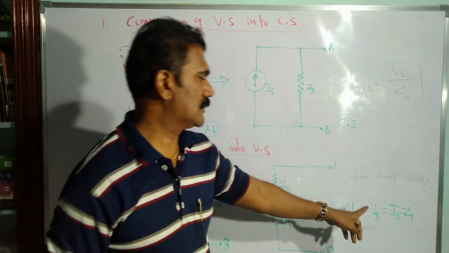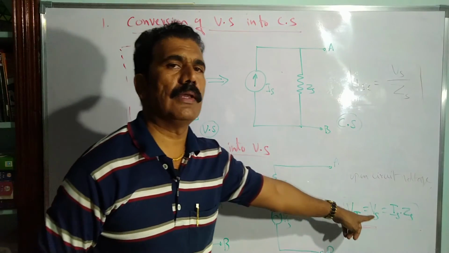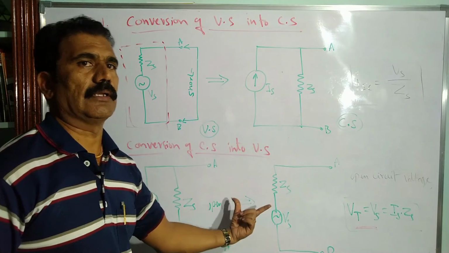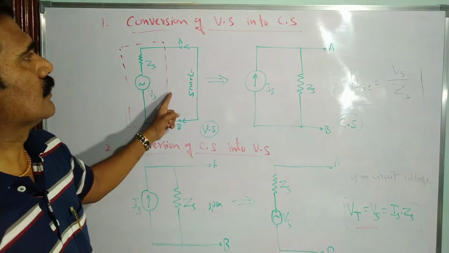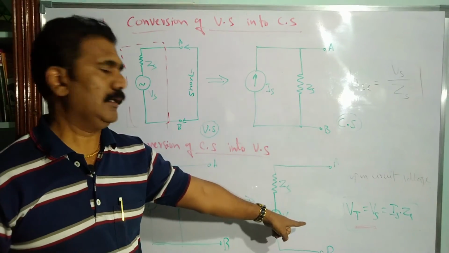Whether you measure it from the current source or voltage source, both values are the same. That means the circuits are equivalent to each other. So in both cases, you can convert voltage source to current source or current source to voltage source. That's it.